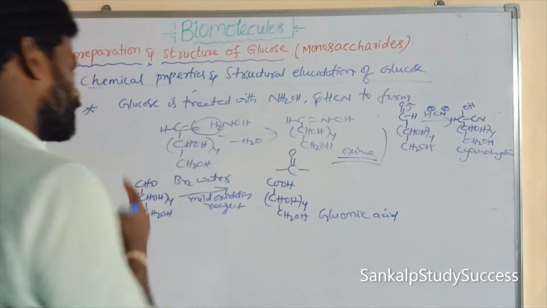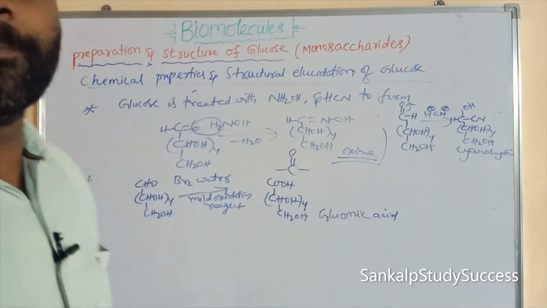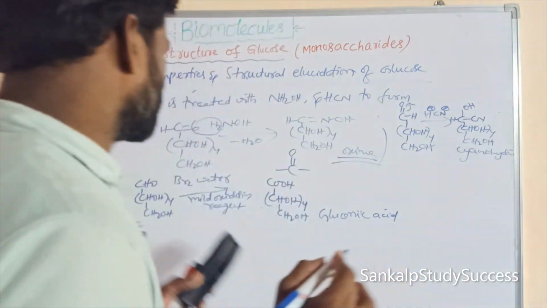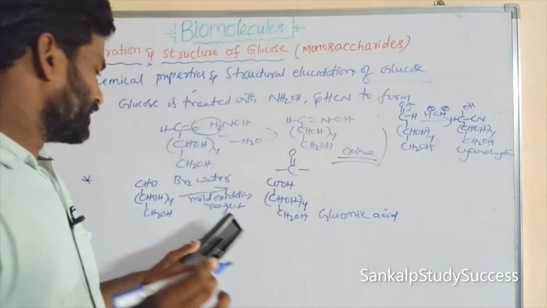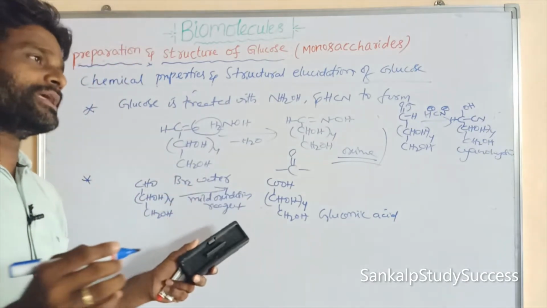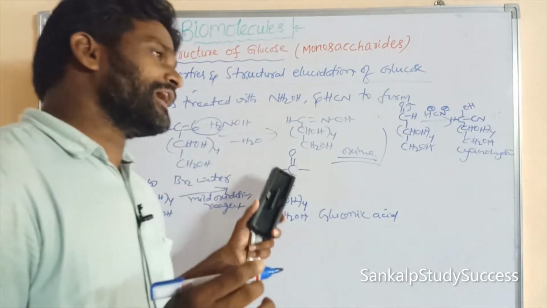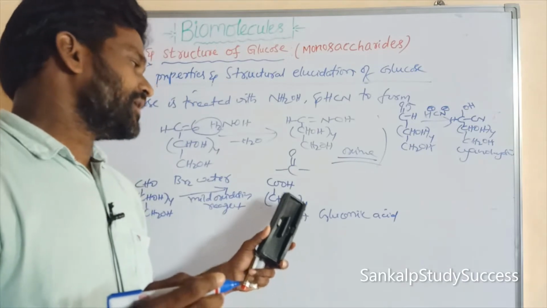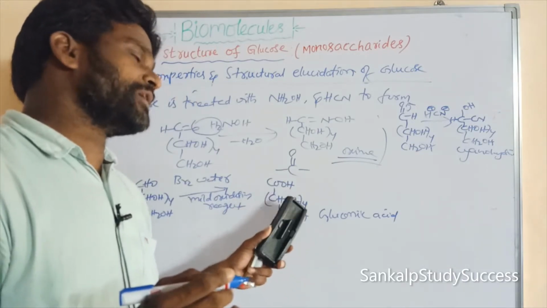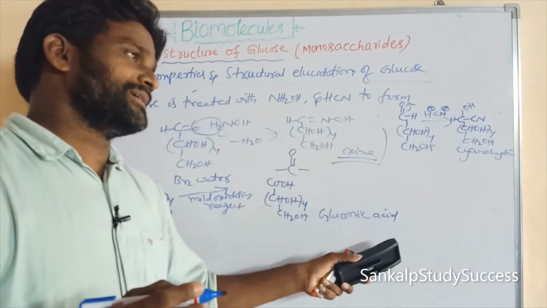So glucose can be treated with bromine water. Glucose is oxidized with bromine water to give a monocarboxylic acid with the same number of carbons, that is said to be gluconic acid.